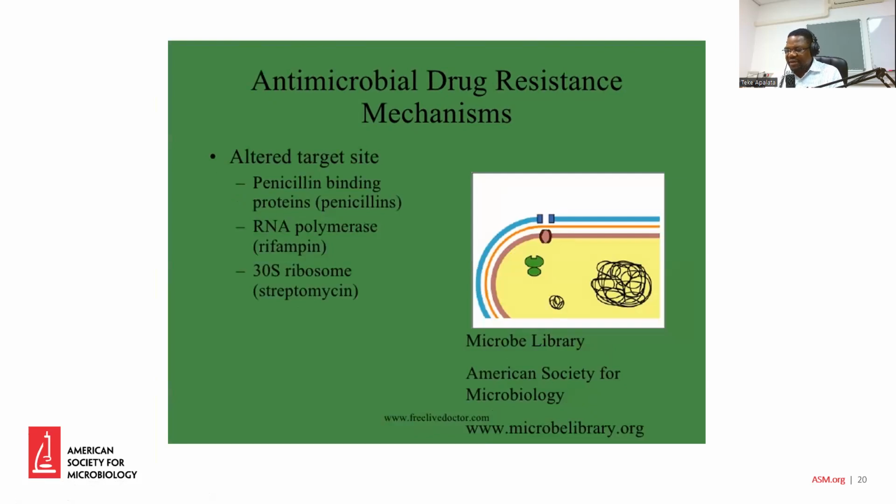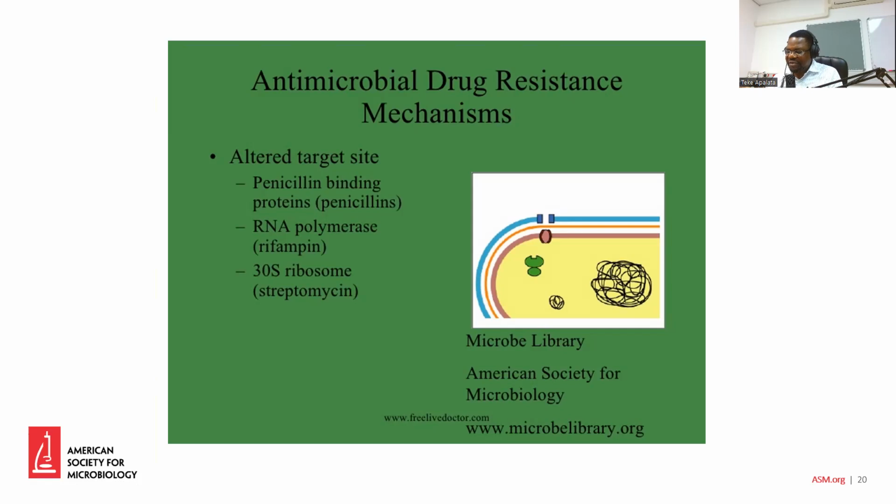The other effect of mutation is what we call altered target site. We know that antibiotics, for them to act, need to bind somewhere. A good example is always penicillin or beta-lactam drugs that bind to what we call PBP, penicillin binding proteins.